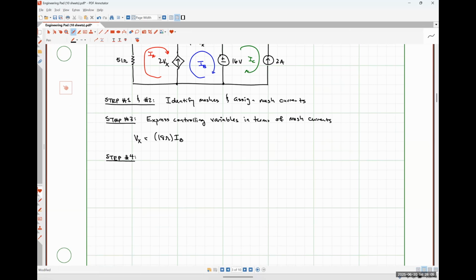So much like we saw in nodal analysis, whenever we had voltage sources, in mesh analysis, whenever we have current sources, we are going to have current relationship equations, okay? So our fourth step is going to be to write a current relationship equation for each current source.